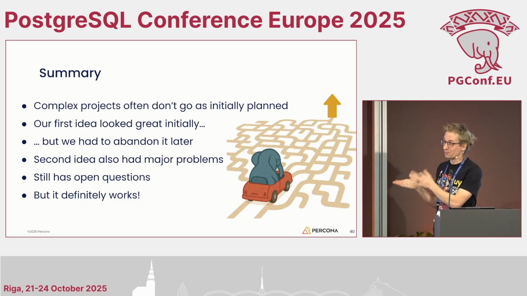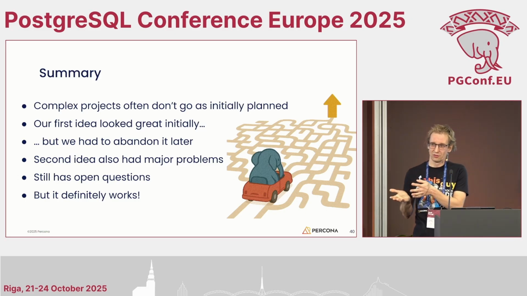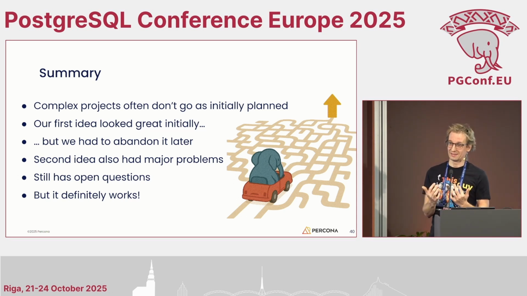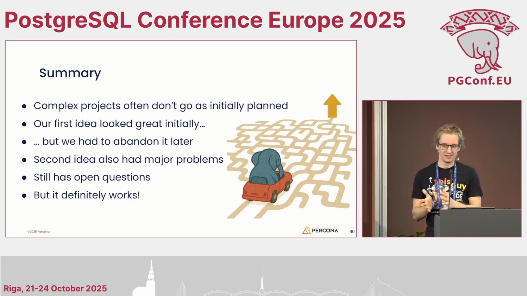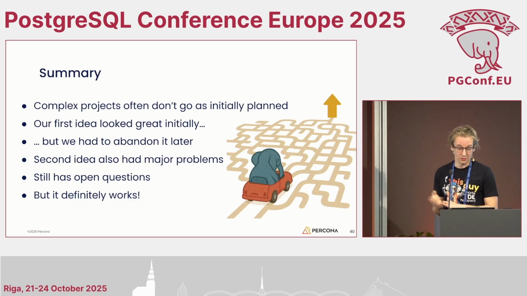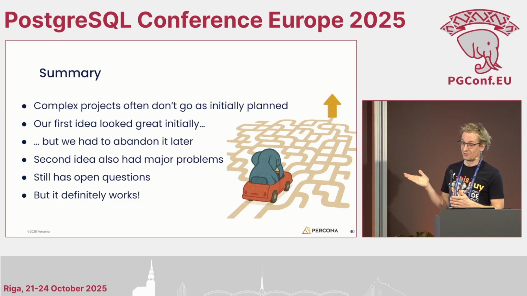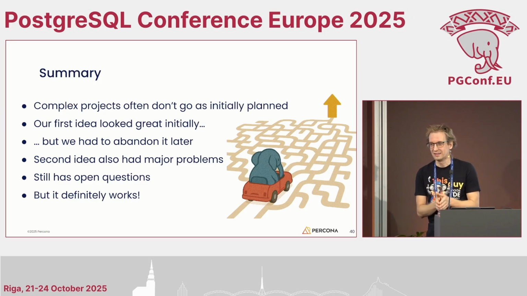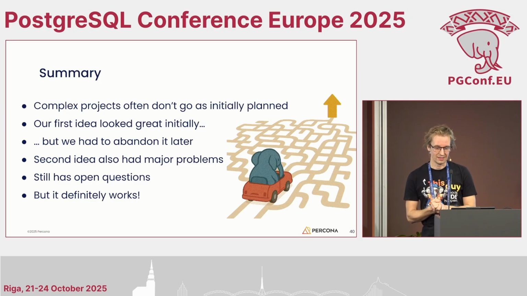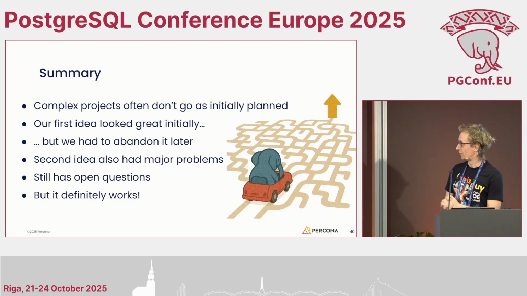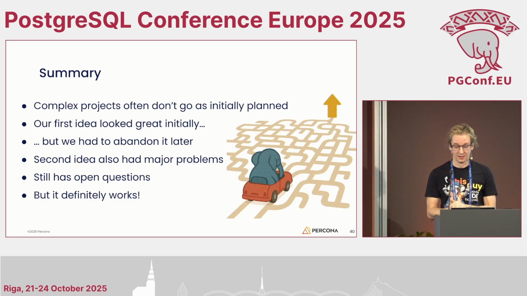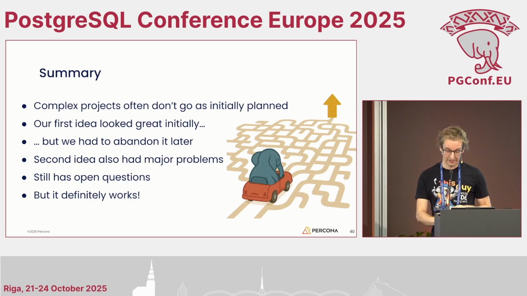And the second prototype also had some issues, so we weren't sure during the entire time that this would be the way to go. This is a good production-ready implementation, but it turned out to be the case. So right now, we are quite sure that it is something that works and that people can use effectively and safely, but we still have lots of open questions and improvements that we have to make.